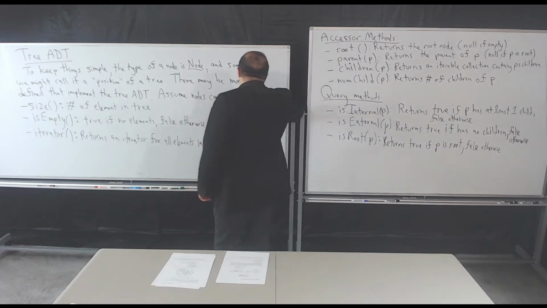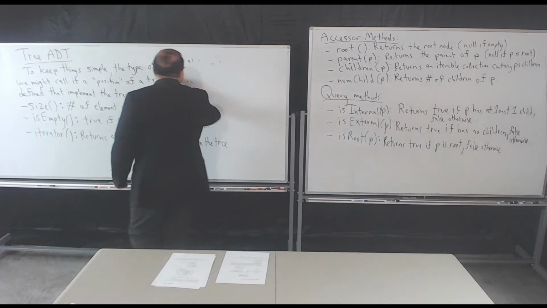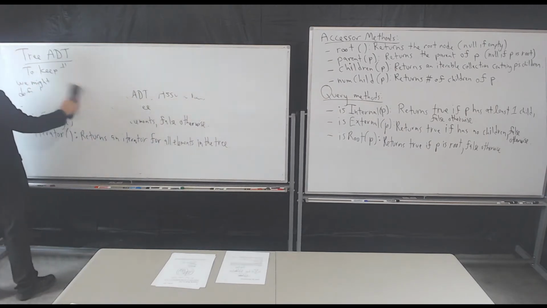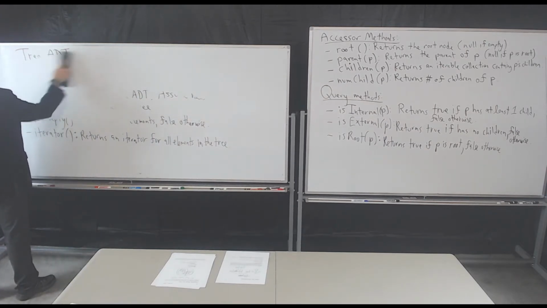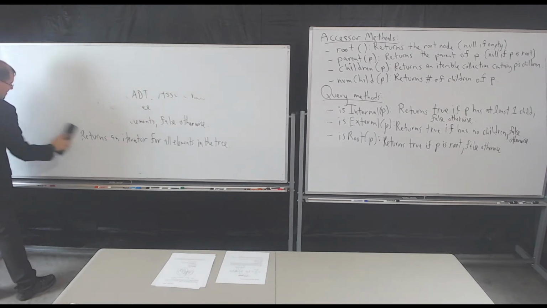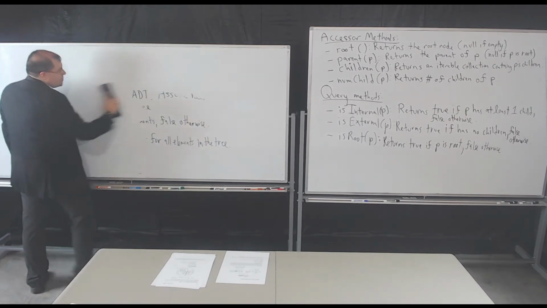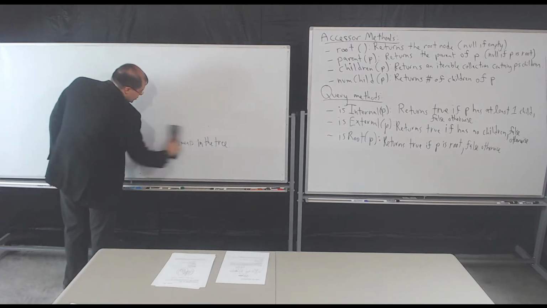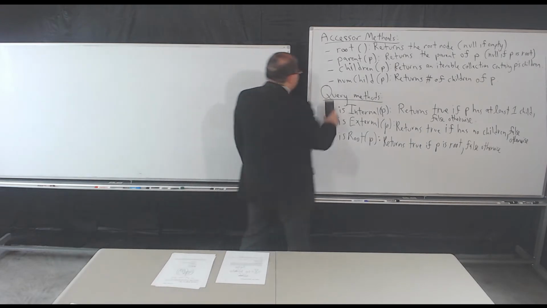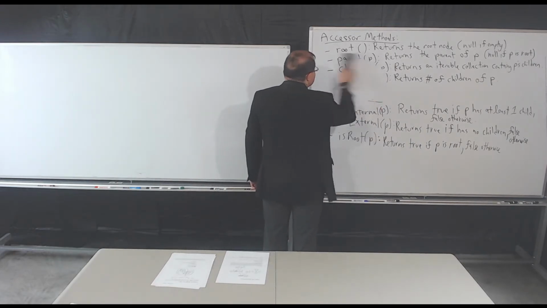So you might naturally ask, well, how might I implement such a tree? Now, you may have seen special kinds of trees in the past, but maybe not general trees. So I'm going to lay out one way you can implement a tree. I'm not going to focus so much on some of these methods.